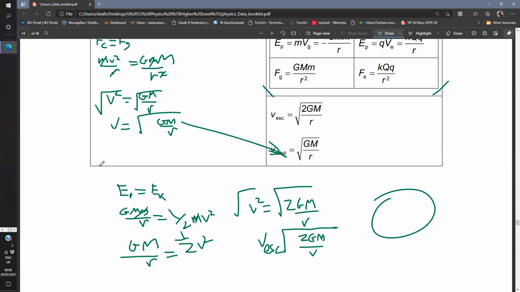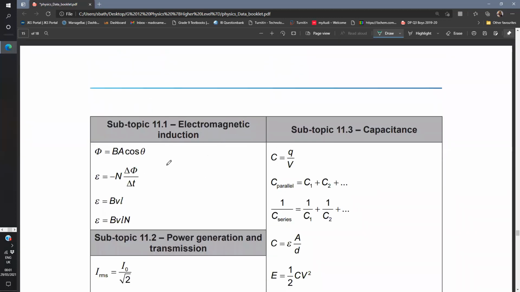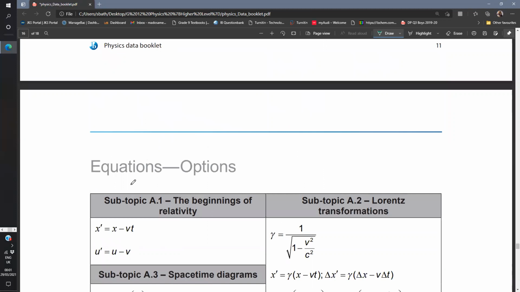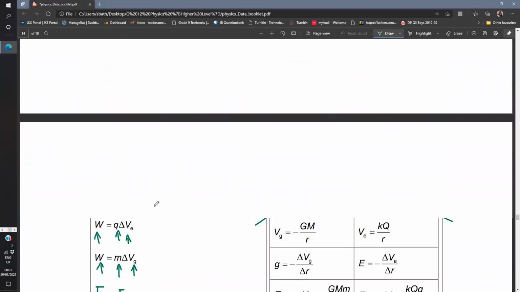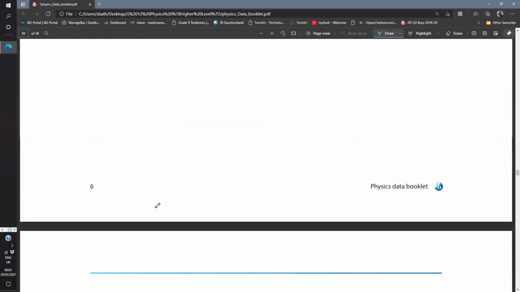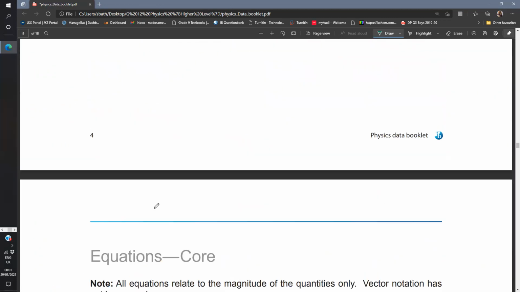This was a conclusive review of everything from chapter 1 through 10. Now we still have chapters 11 and 12. I won't be going through any options because the options for our year are canceled due to the COVID-19 pandemic that's going on. And basically, during times like these, you have to adapt.